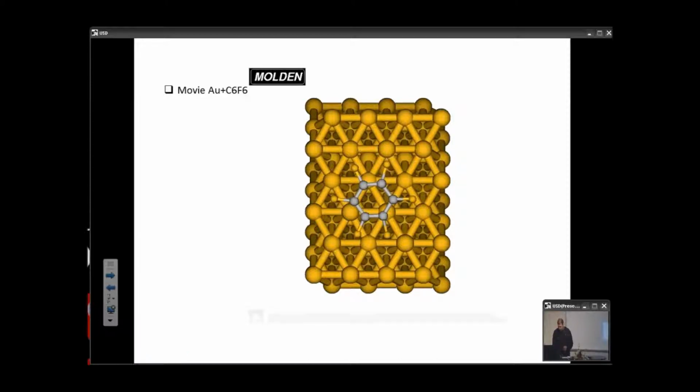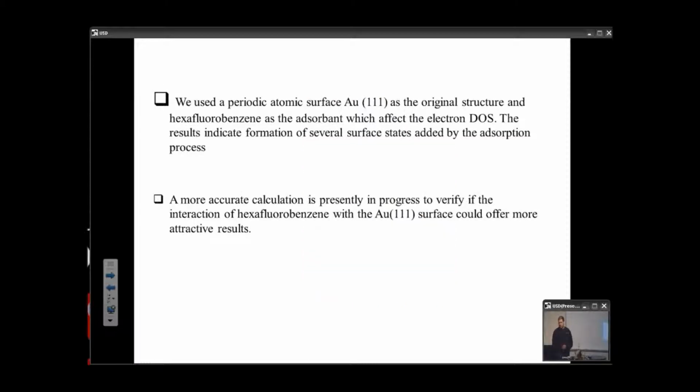This is the whole system, showing how benzene and hexafluorobenzene adsorb on the gold system.